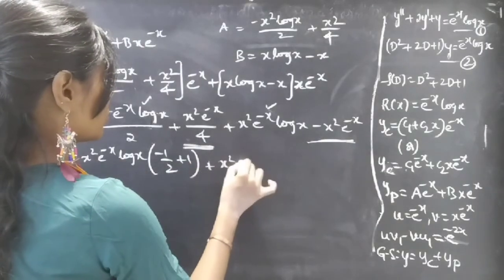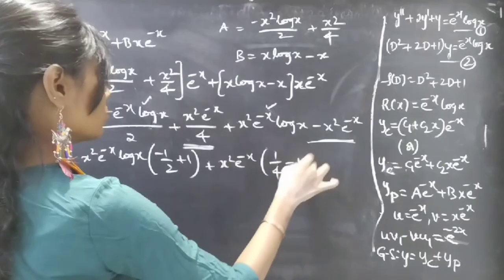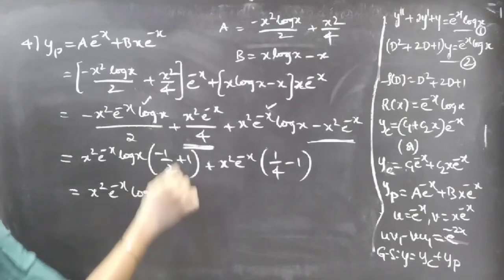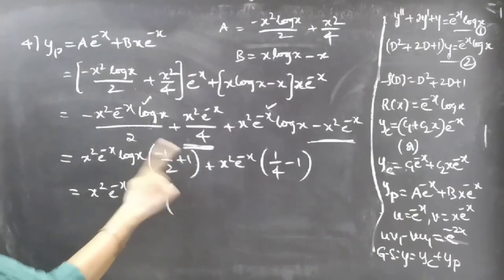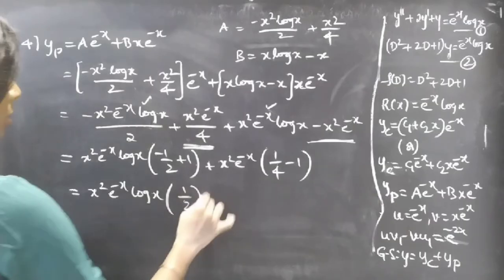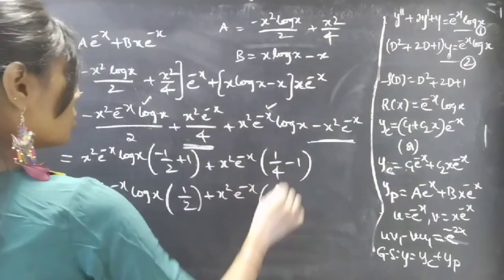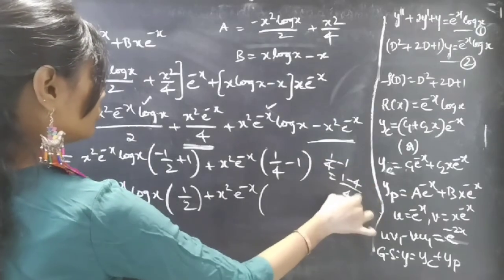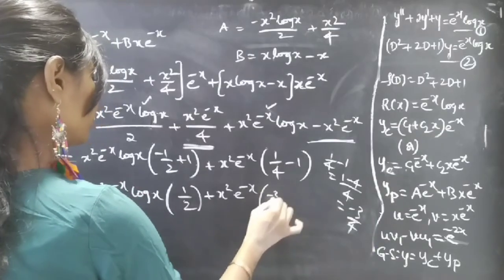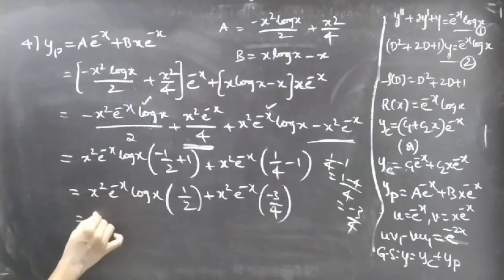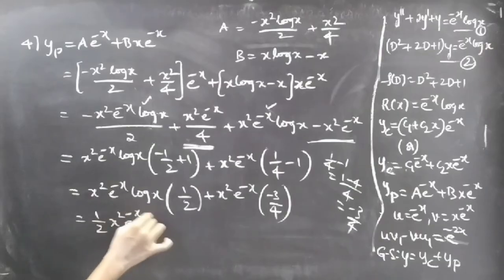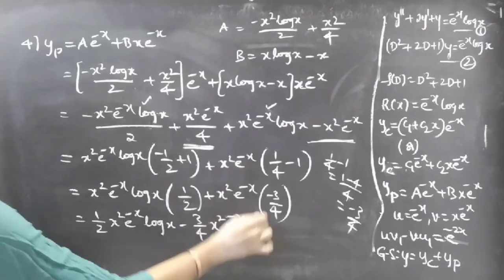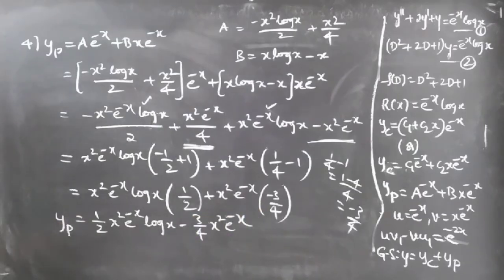We'll get plus x square e power minus x of 1 by 4 minus 1, which equals x square e power minus x log x of minus 1 by 2 plus 1, or 1 minus half is half, plus x square e power minus x into 1 by 4 minus 1 is minus 3 by 4, right, which equals 1 by 2 x square e power minus x log x minus 3 by 4 x square e power minus x, which is our required yp.